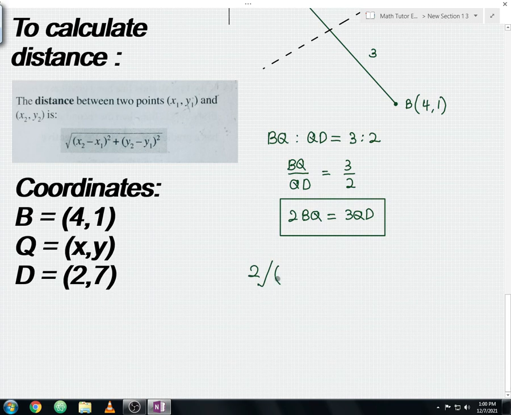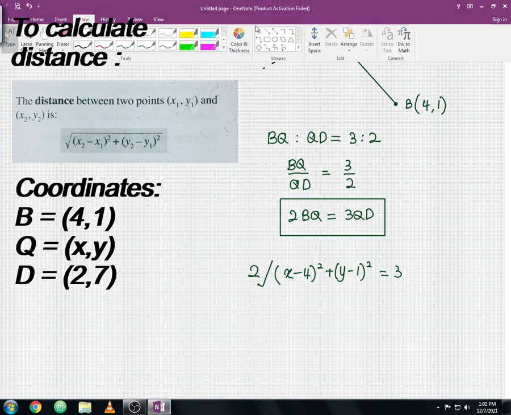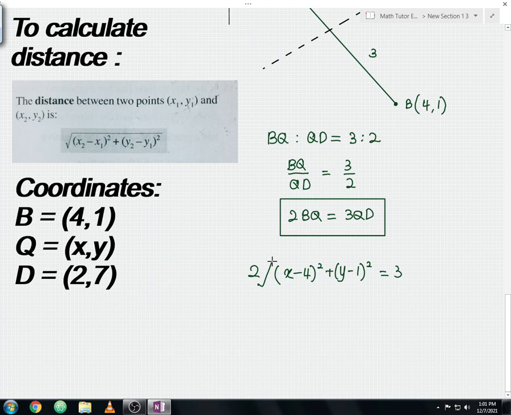So from here, x minus 4 square plus y minus 1 square, the bracket, equals to 3. Let me put the square root line. So this 3 is representing the 3QD, guys.